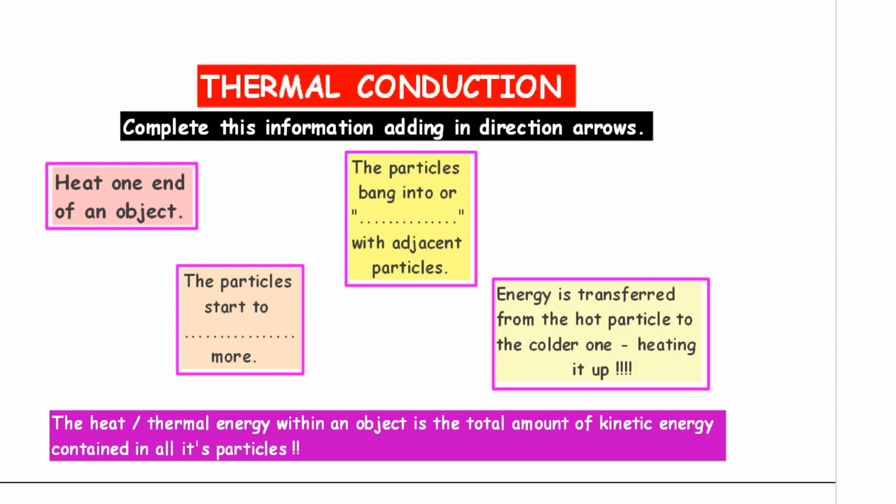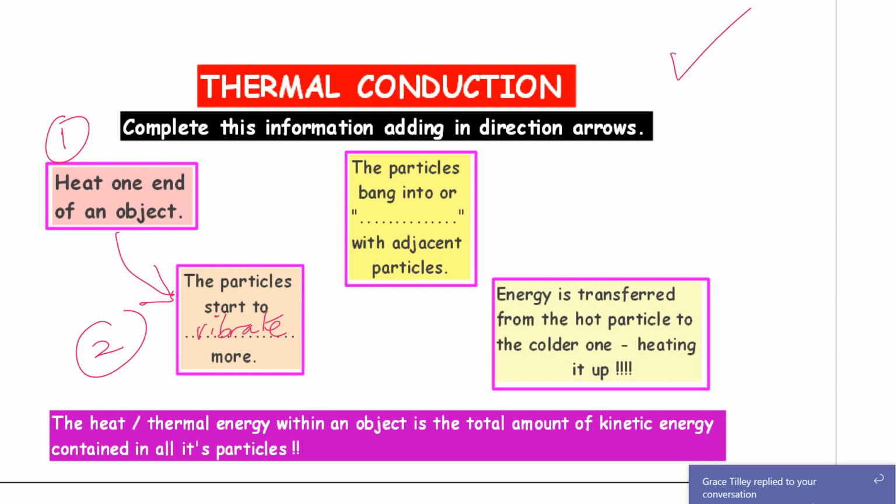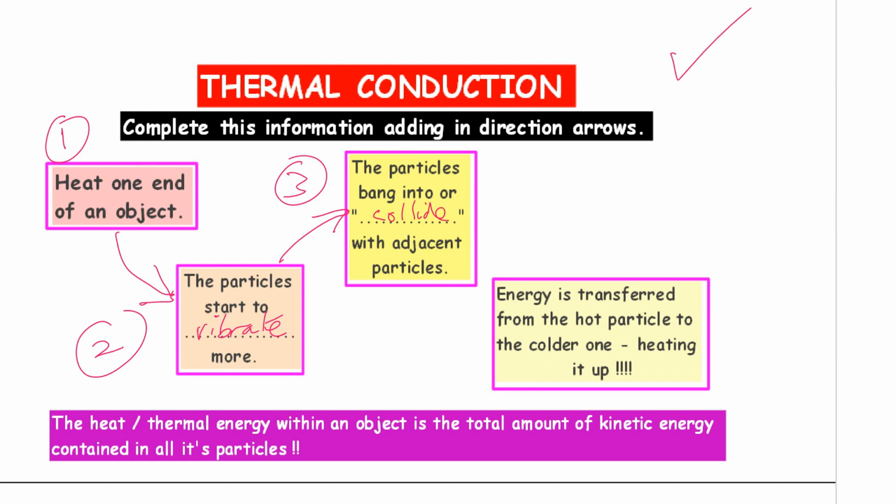So let us move on to this paragraph now on thermal conduction. Number 1, you heat up one end of an object. Number 2, the particle starts to wobble or vibrate more. Number 3, the particles bang into or collide with adjacent particles.